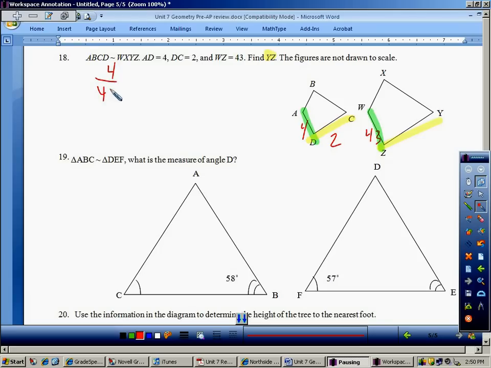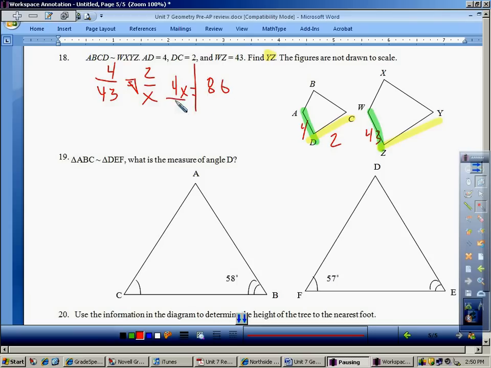So 4 is to 43, as 2 is to our unknown. Cross multiply, and then divide by 4. And I end up with a solution of 21.5. So x, or YZ, is 21.5.